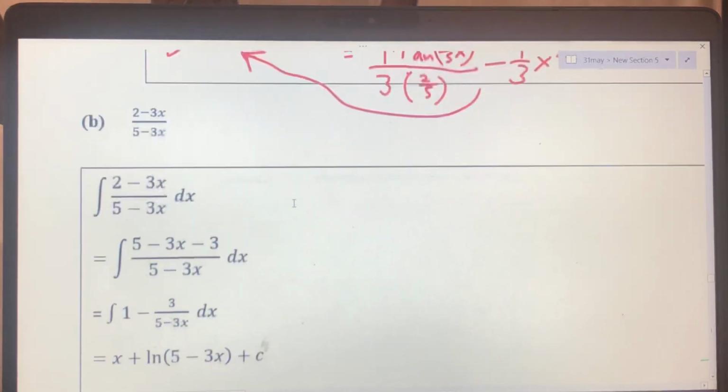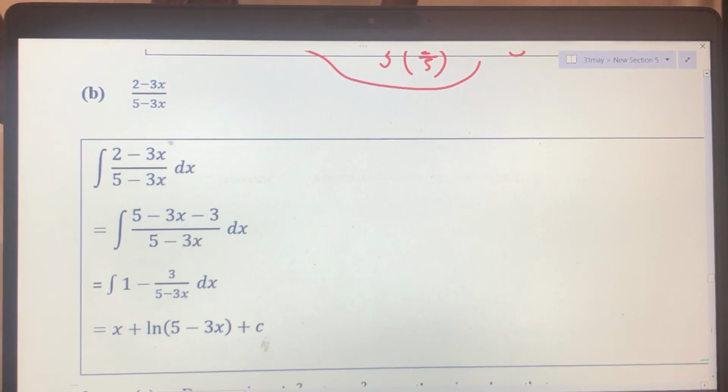Now for the next question, I taught you this before and I told you more commonly seen in JC. Not that it's not in O-level syllabus, it is. But normally in O-level syllabus, this will come in the form of partial fractions. They will ask you to express this in the form A plus B over 5 minus 3x.